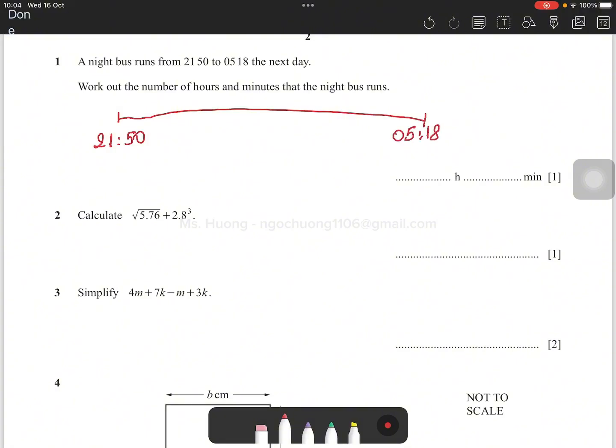So the next whole hour after 21:50 is 22 o'clock. And we also choose 0 o'clock or 12 midnight at the end of the day. This one is 10 minutes. From 22 o'clock to 0 o'clock, there are 2 hours. And this one is 5 hours and 18 minutes.